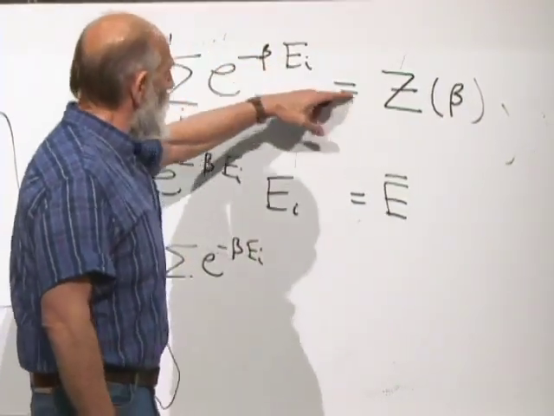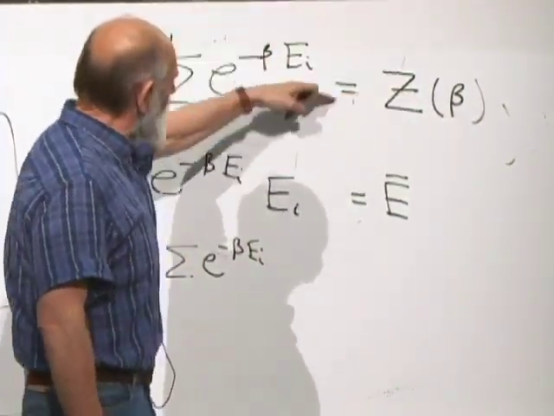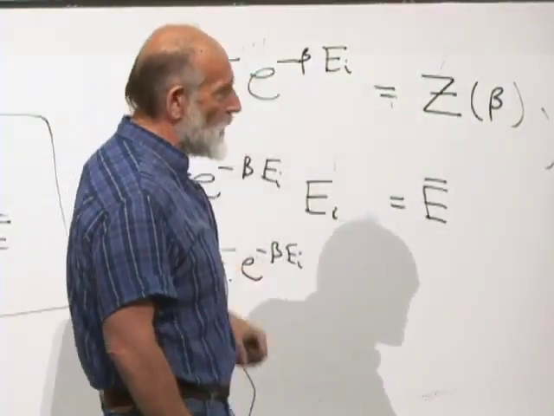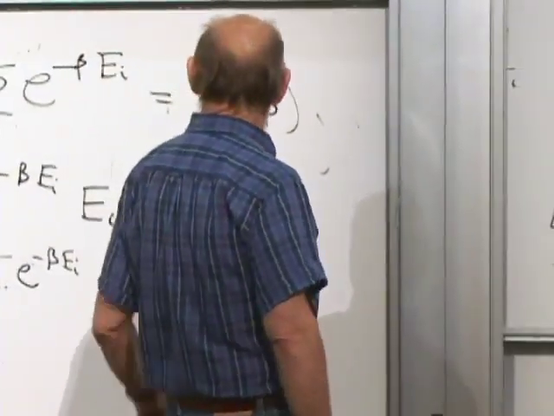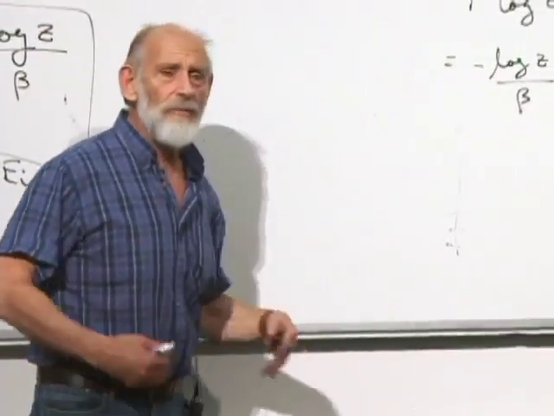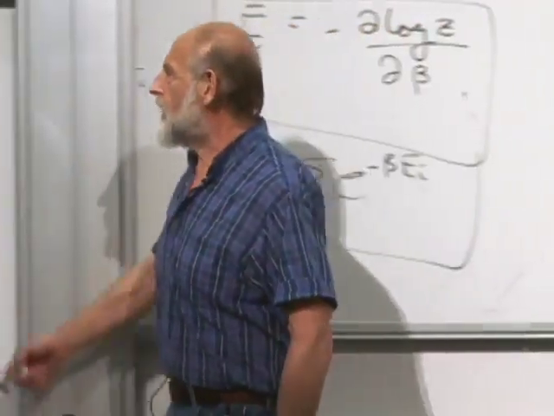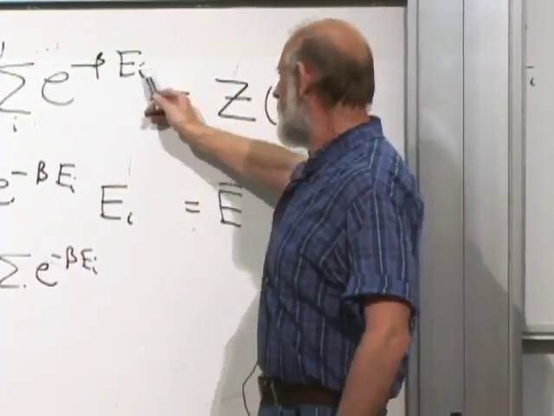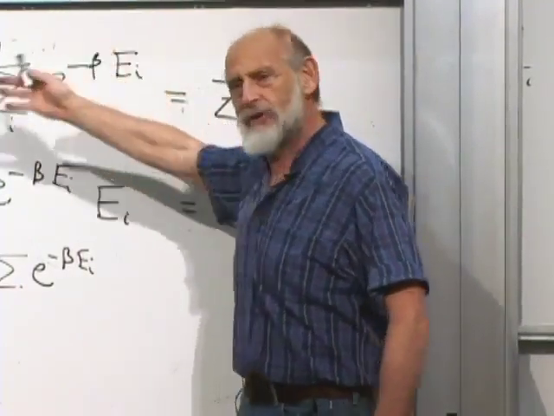So the logarithm of Z is sort of like what's up here. It's not really, but it's sort of like the sort of thing which goes in the exponent here. And if I divide it by beta, then it's some kind of thing which has units of energy. The logarithm of Z divided by beta has units of energy.